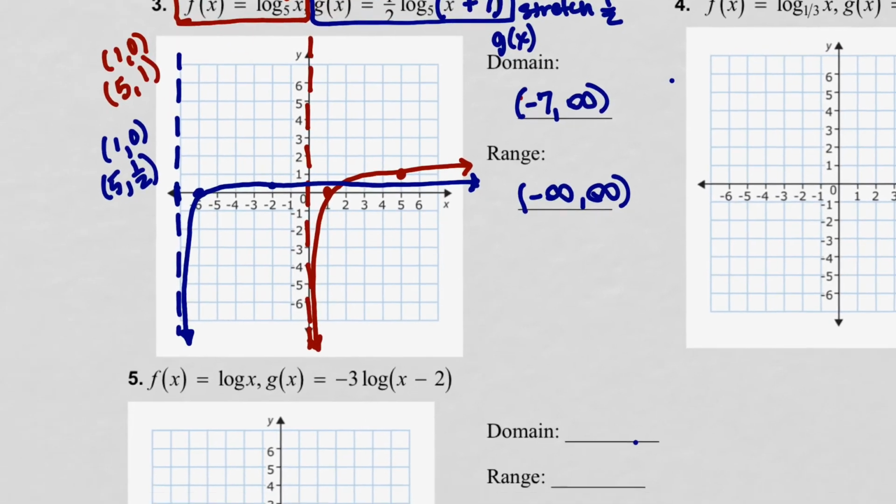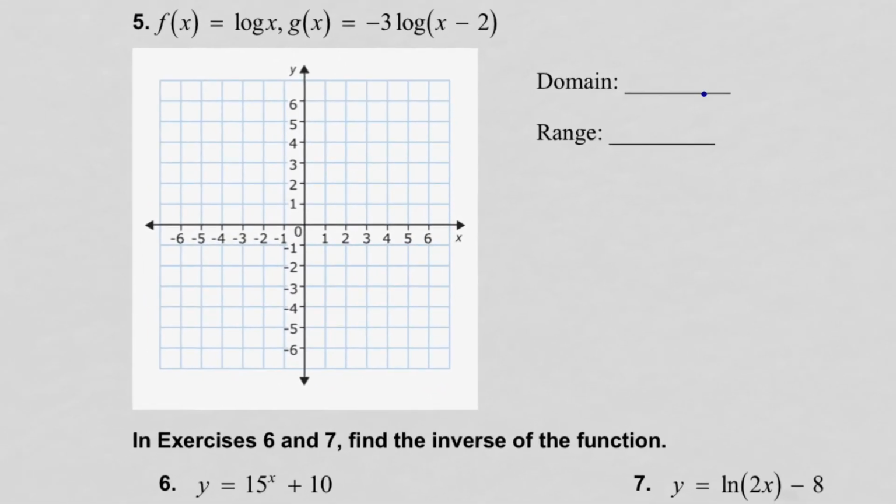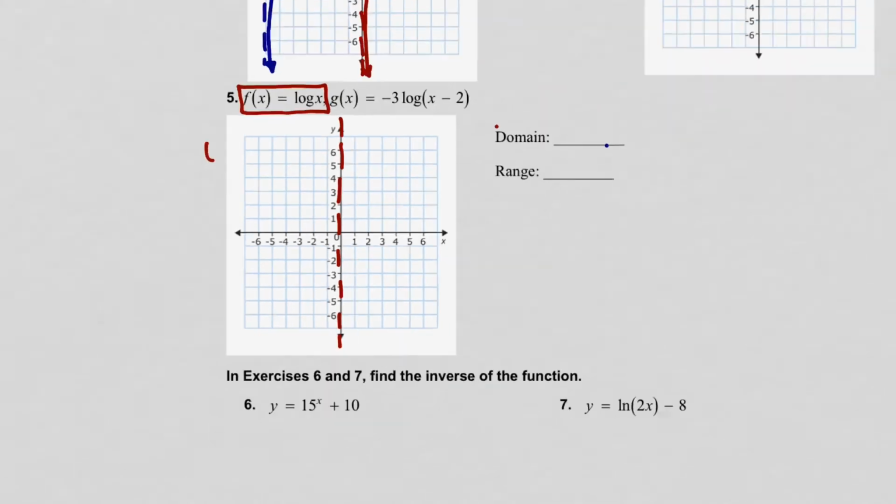Okay, let's skip down to number 5 here. And looking at this, my first graph is going to be log of x. Okay, well, log, I know I've got my asymptote right here. So good. And I know that I can expect, what did I say a minute ago?